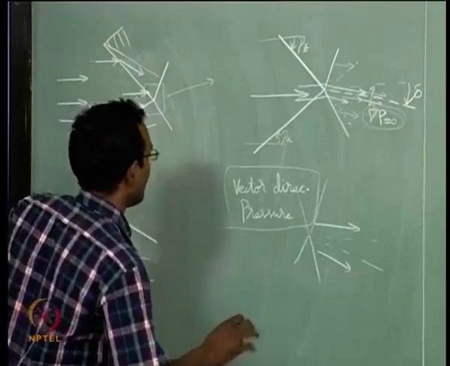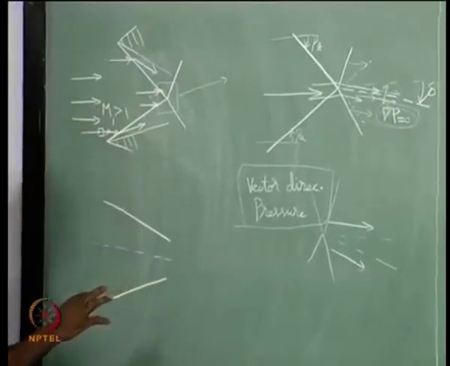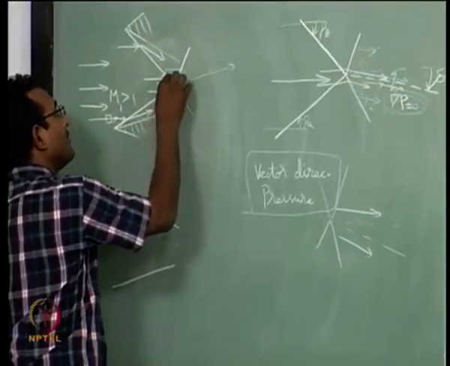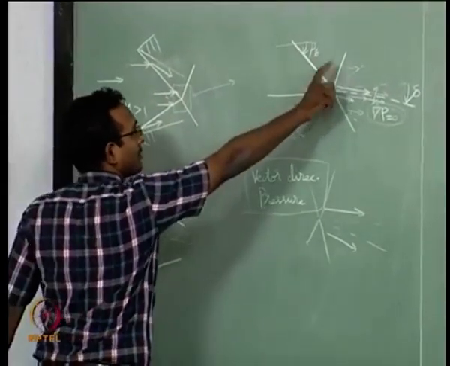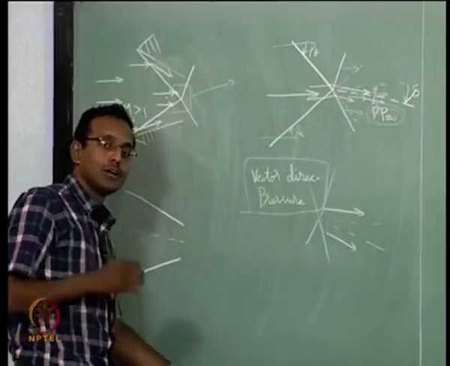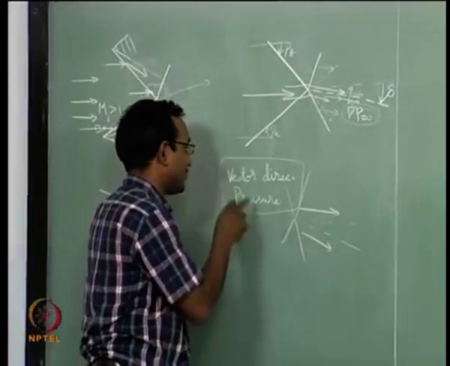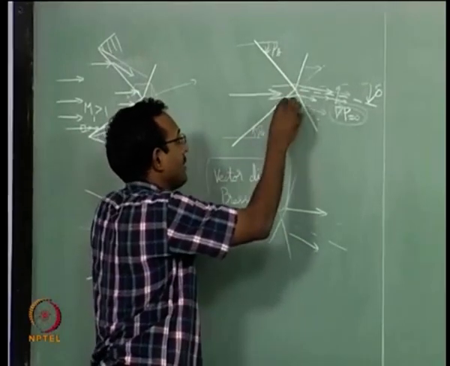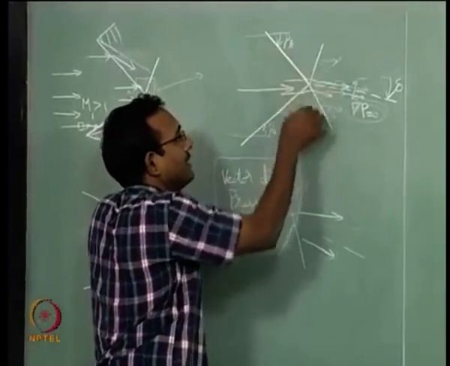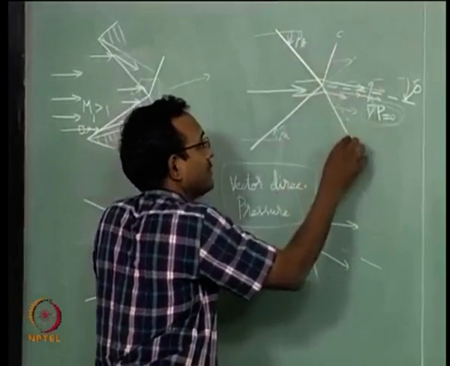So if I want to solve this problem to find what will be the angle of deflection this way for the new shocks that are after reflection, now I have to go and talk about satisfying these two conditions. How many unknowns do I have in this problem? I have beta c and beta d. Let us say this is my shock c and this is my shock d.